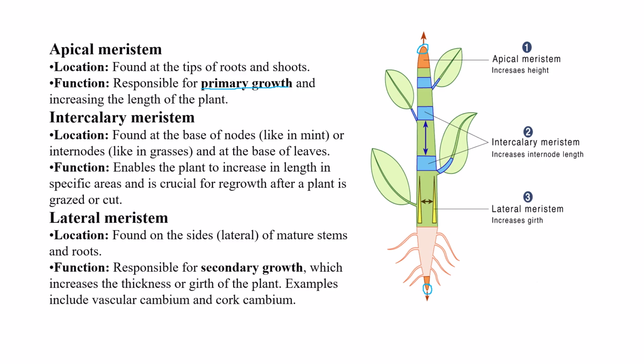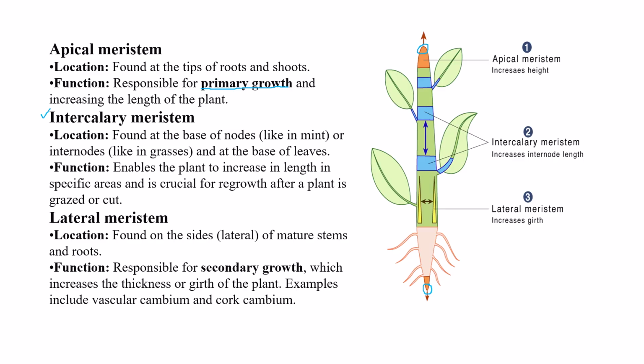It enables a plant to increase length in specific areas, and is crucial for regrowth after a plant is grazed or cut. So now we may have some questions like, what if the plant is cut or grazed, how will it regrow itself? Then it is intercalary meristem which helps.